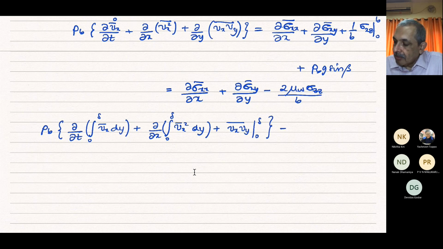And this is equal to, here del by del x, so it's del by del x of integral from 0 to delta of sigma xx bar dy.